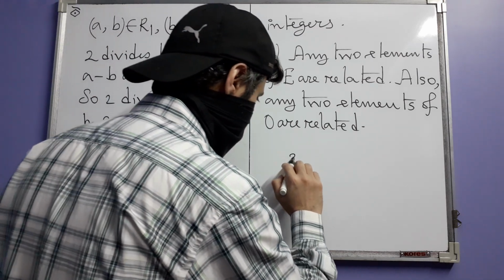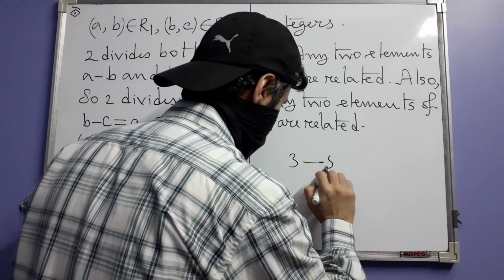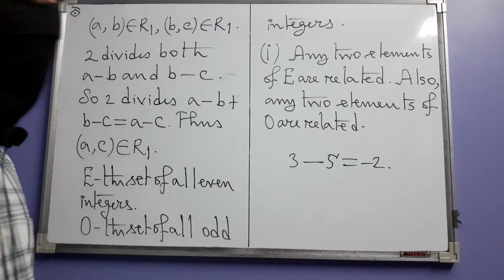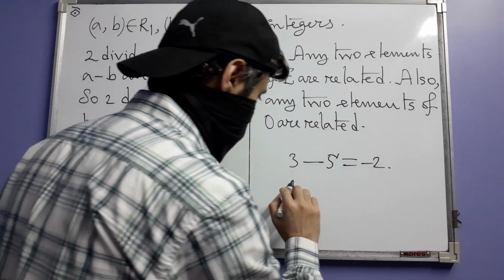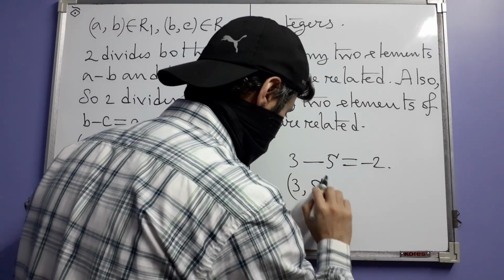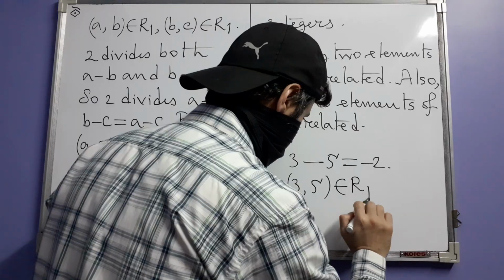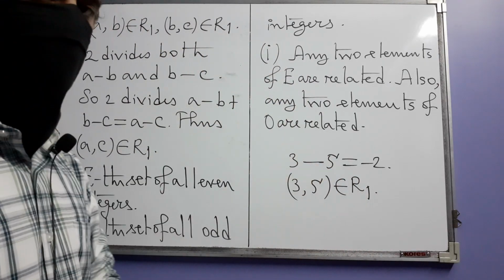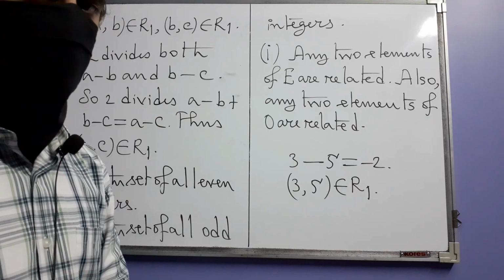For example, 3 and 5 are odd and their difference is minus 2. Minus 2 is divisible by 2. So 3 is related to 5, which you can express by writing this. Any 2 odd integers you take, they will be related to each other.